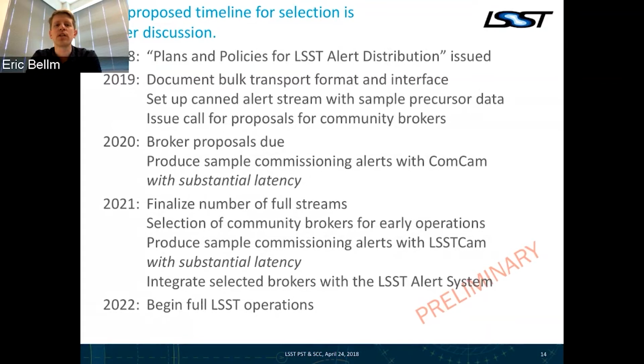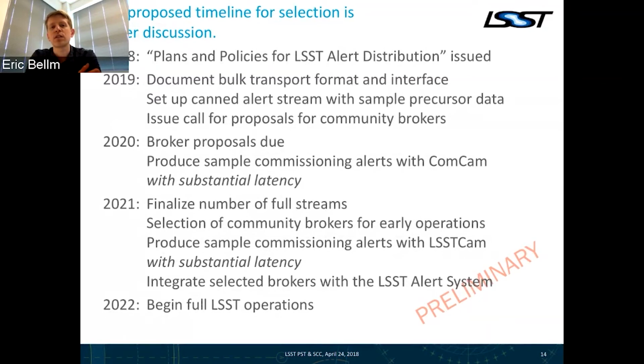In 2021, we would use that information from ComCam to understand the false positive rate, the performance of the pipelines, and hence the actual bandwidth we need to transmit the stream, and so could then select a final set of community brokers while we continue commissioning. That would give us a chance to integrate those brokers ahead of formal operations.